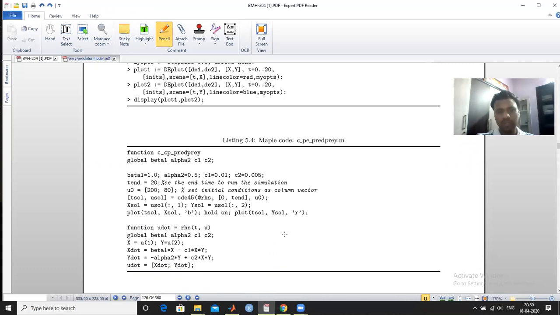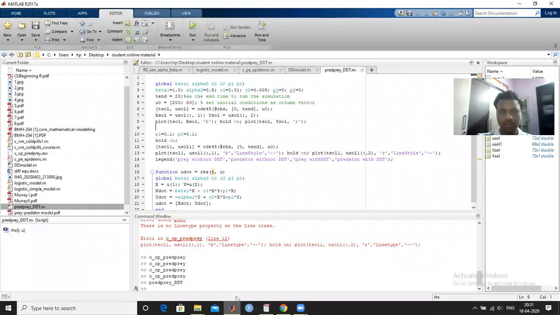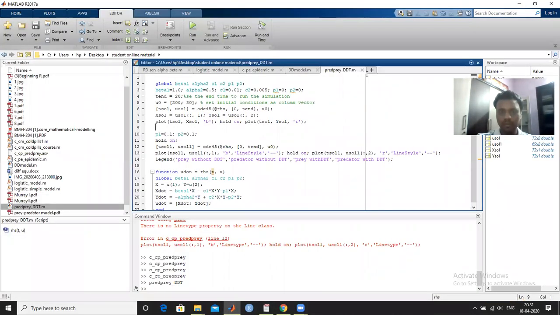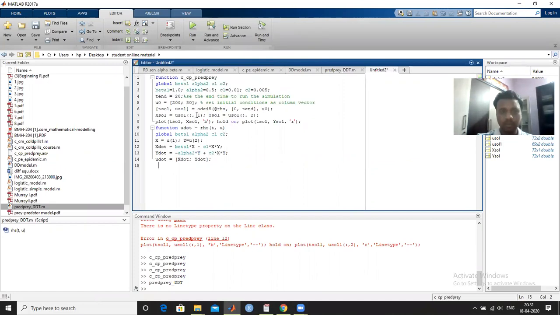I copy and paste it and run it in our MATLAB platform, and I change these codes because this is copy paste.